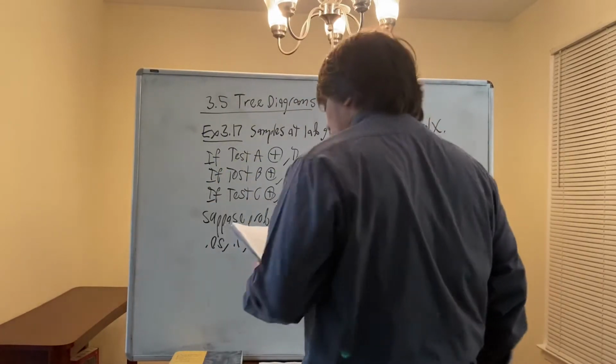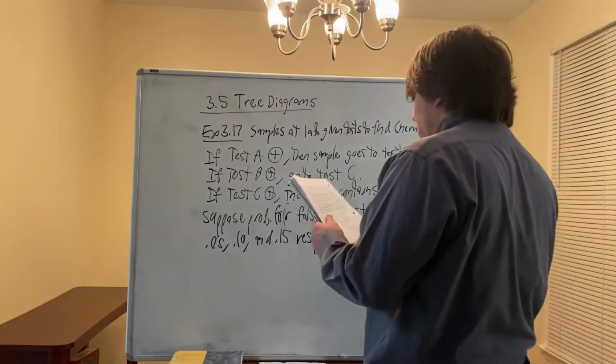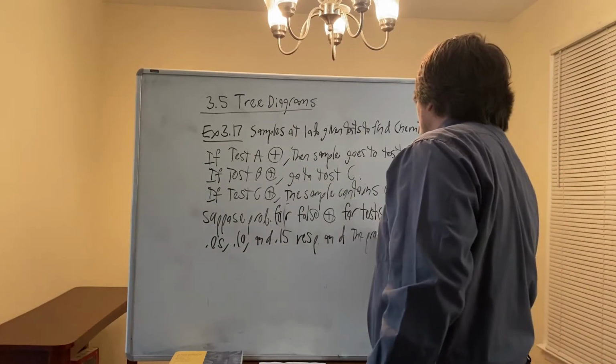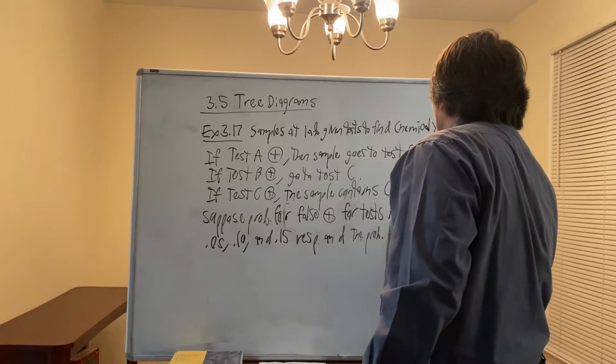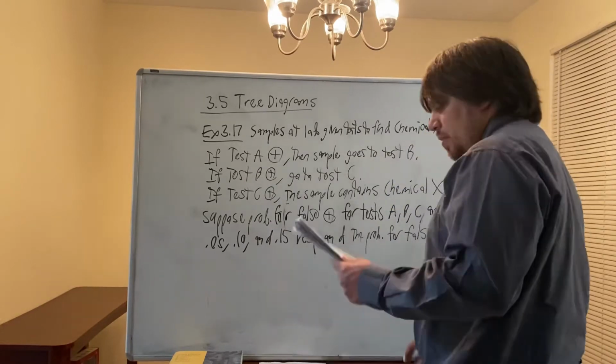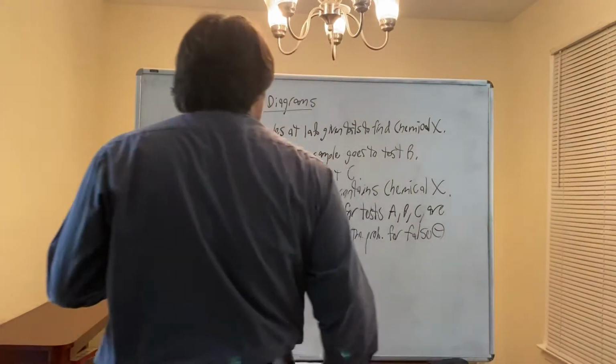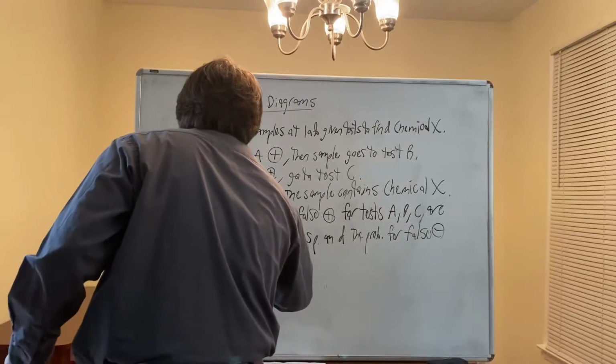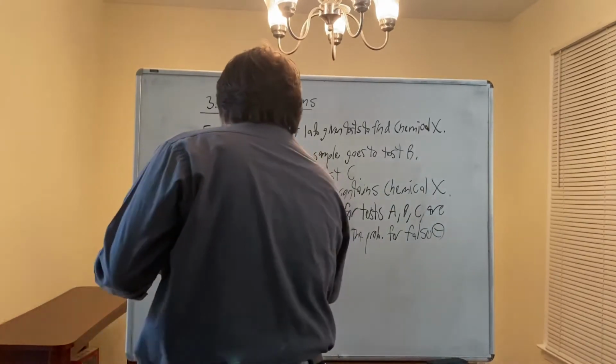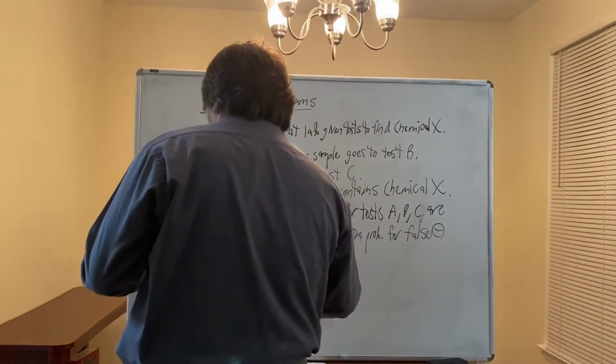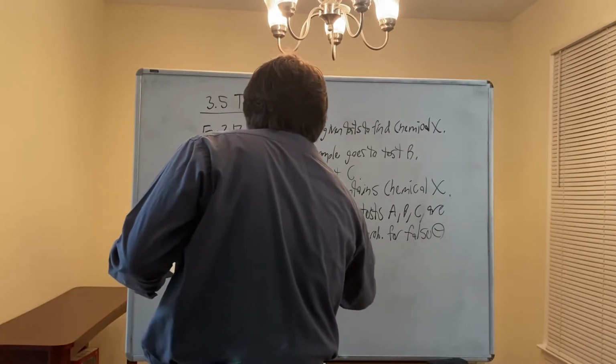And the probabilities of false negatives are 0.01, 0.02, and 0.03, respectively.